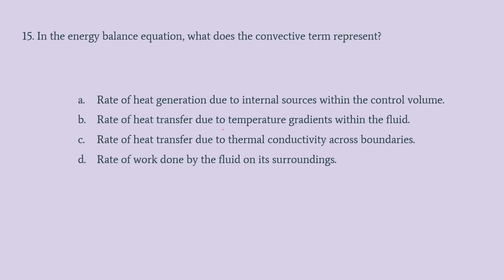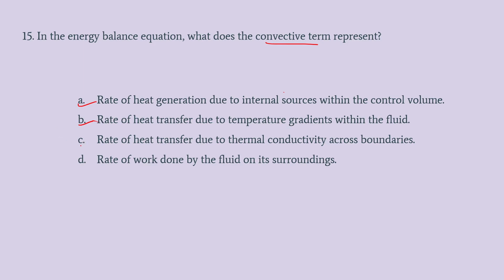Next question, in the energy balance equation, what does the convective term represent? Option A, rate of heat generation due to internal sources within the control volume. Option B, rate of heat transfer due to temperature gradients within the fluid.